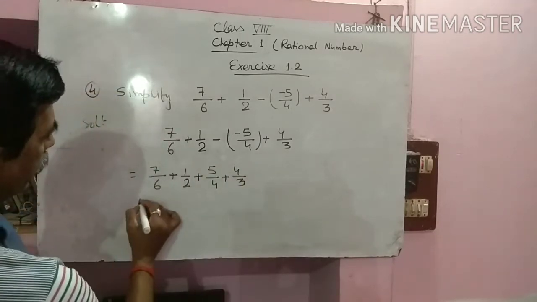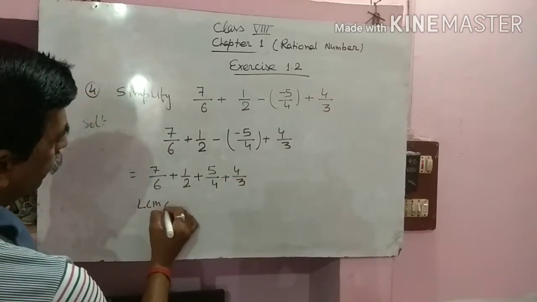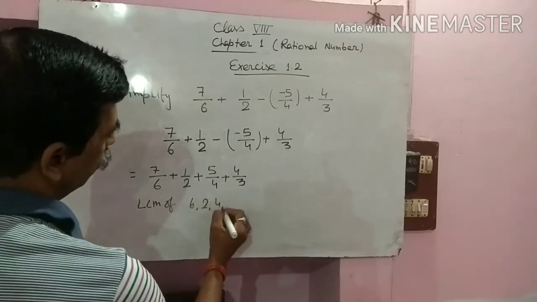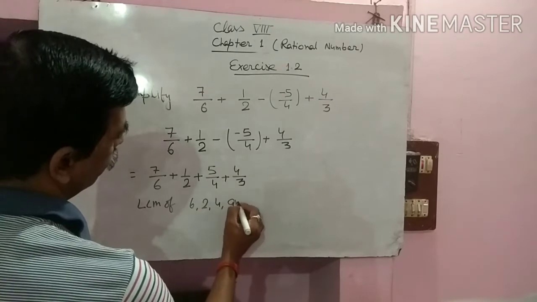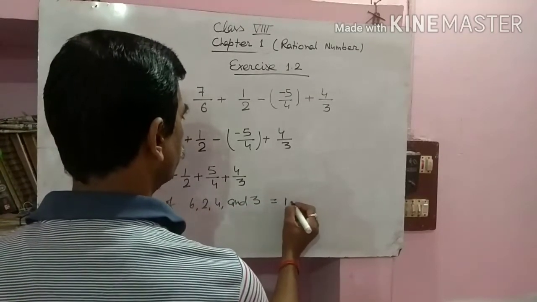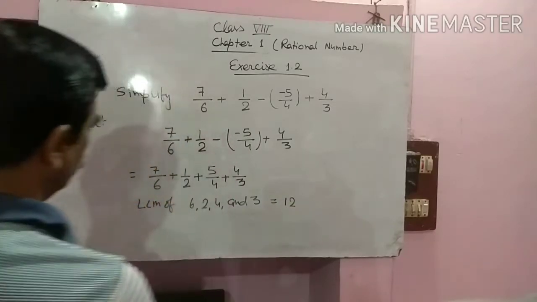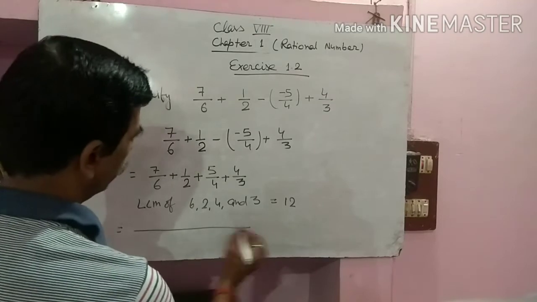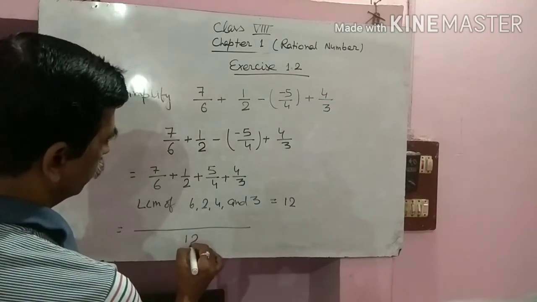So now you can write the LCM of 6, 2, 4 and 3, which is equal to 12. Now write the LCM as 12.